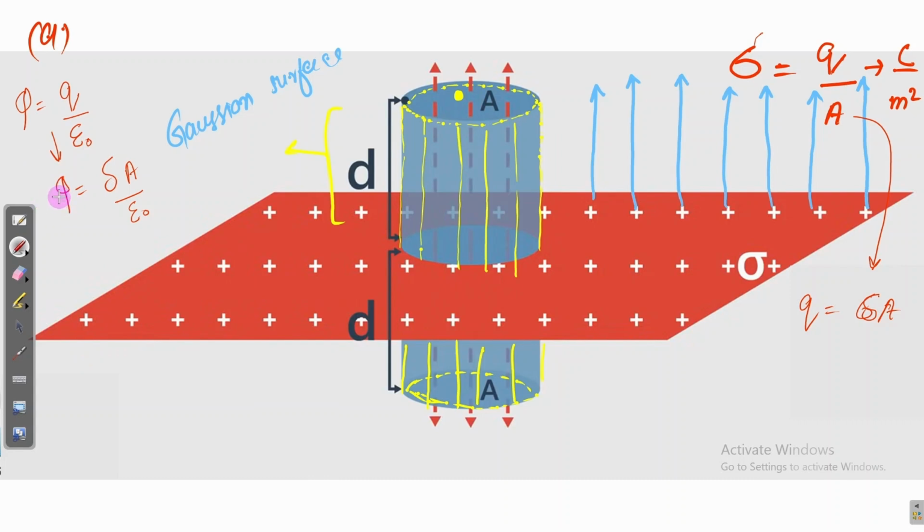Now the left side of this equation is called the flux. This is equation 1.